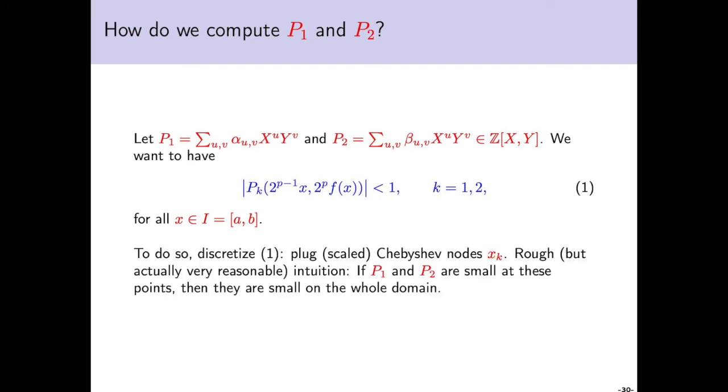To do it, I will discretize the problem. I will plug in Chebyshev nodes. And instead of looking at the continuous requirement, I will tackle a finite number of such requirements. I replace the uniform requirement by a condition on the Chebyshev nodes. This is what I'm going to do. You see what I mean?